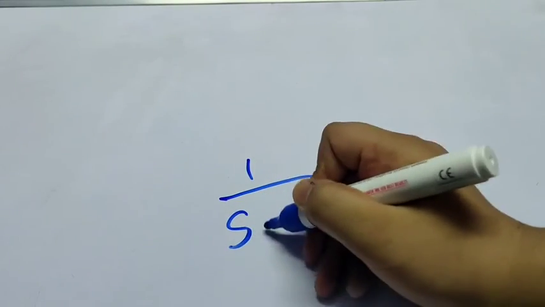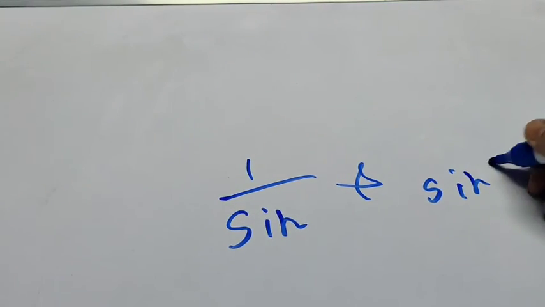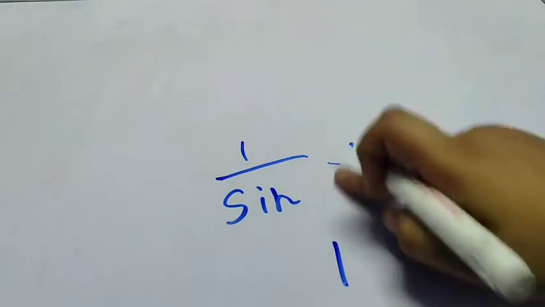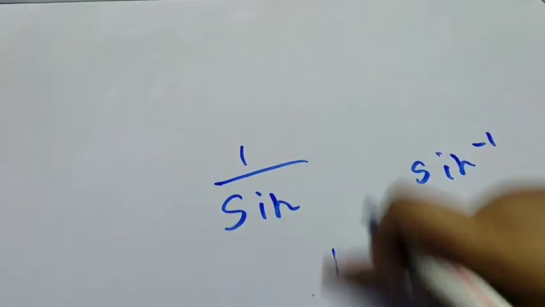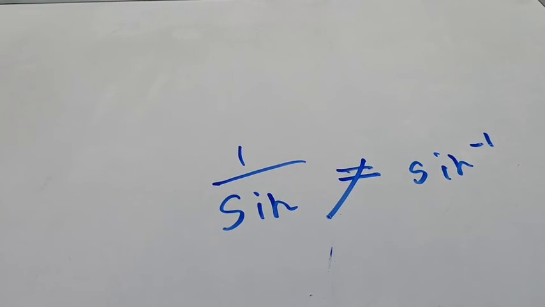Now just some tips: please don't be confused between 1 upon sine and sine inverse. These are not the same. Just remember it. 1 upon sine is cosec, as I already told you.